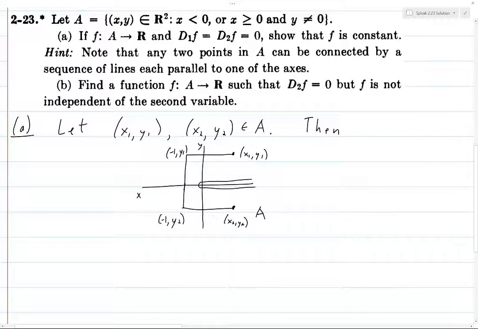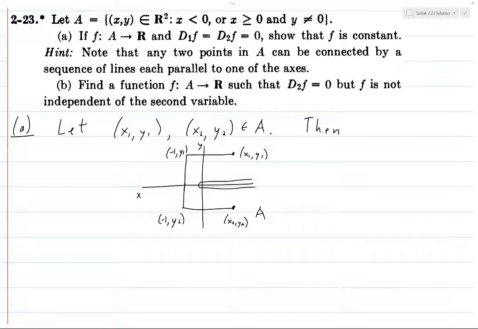This is how you get from (x1, y1) to (x2, y2), and you can do this for any two points in A, because the line from (-1, y1) to (-1, y2) always lies in A. Then when you connect from (-1, y1) to (x1, y1), there are two scenarios.